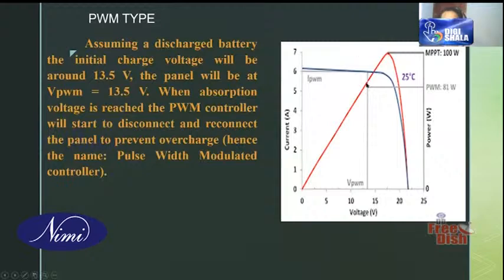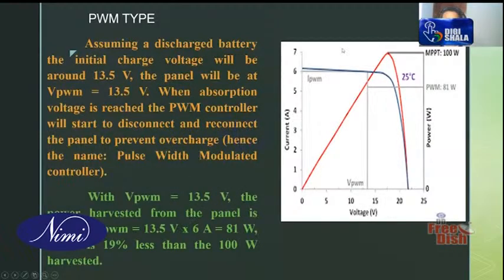This is not the maximum power point, so you will get power only like this. The corresponding current is, for example, 6 ampere. 13.5 into 6 ampere, we are utilizing only 81 watt, whereas the solar panel maximum power is, for example, 100 watt. So out of 100 watt, we are getting only 81 watt.